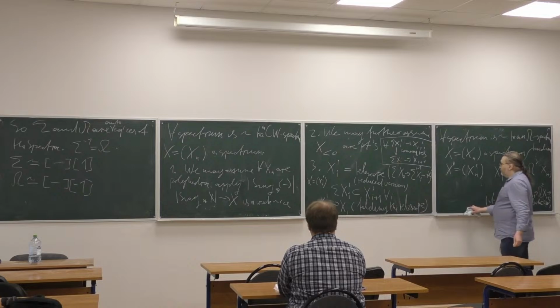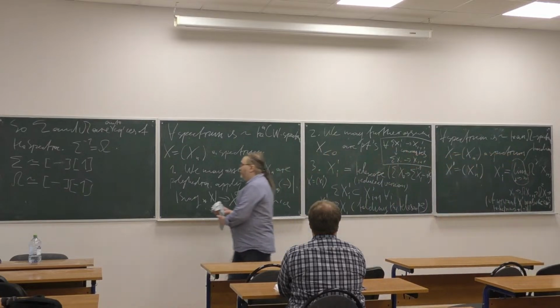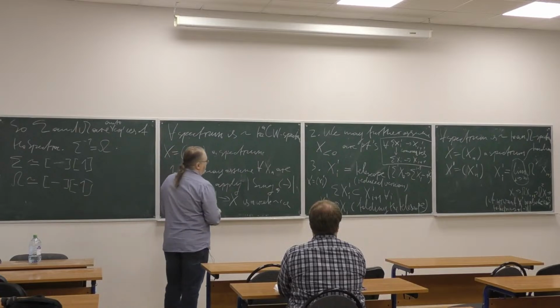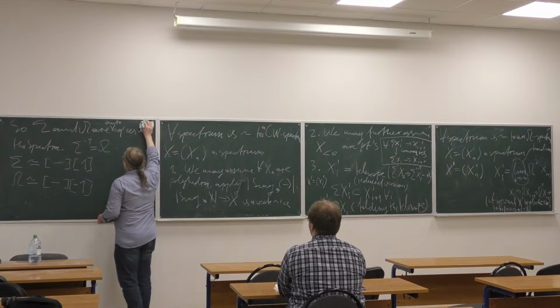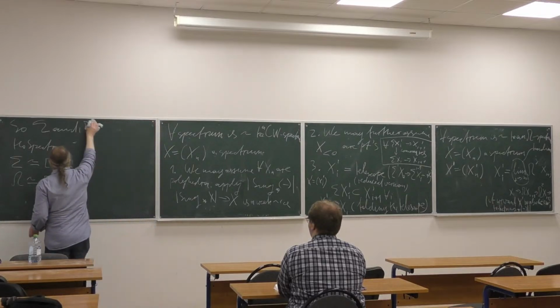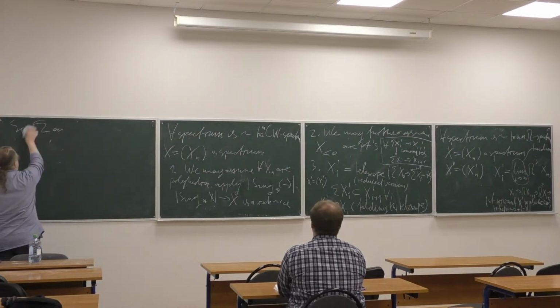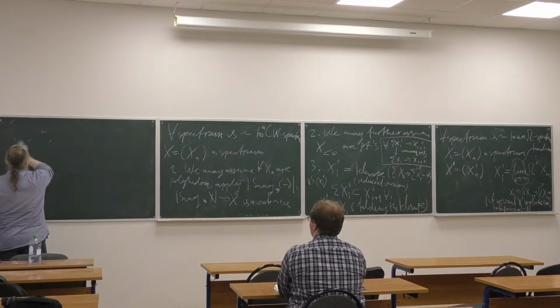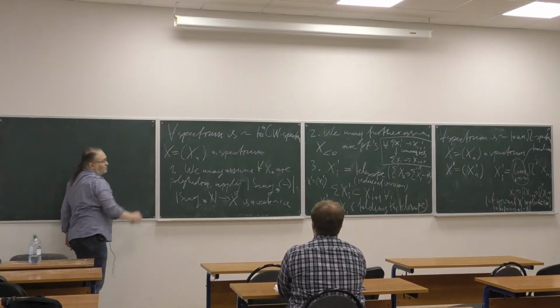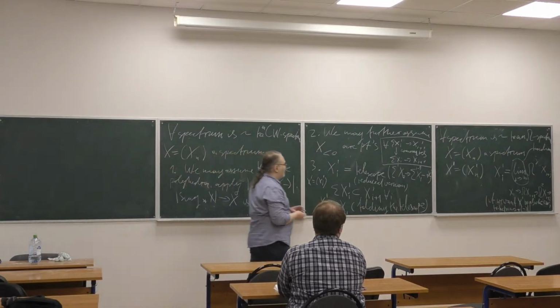Now, well, there are two questions. Question one, why do we get a spectrum? And also, why do we get an omega spectrum?